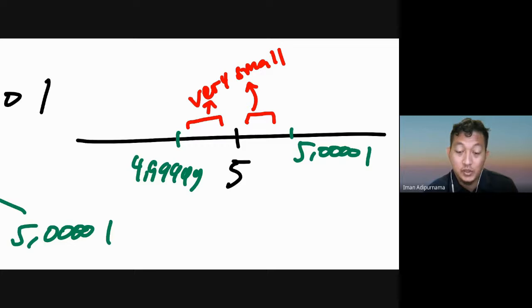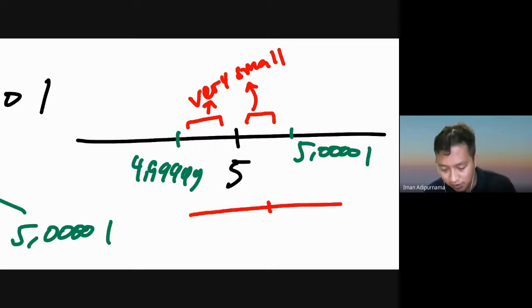Maybe the actual interval looks like one line like that, and sometimes you cannot even differentiate between those points. But just imagine, this is very, very small. So 4.99999 is really, really close to 5, but it's not 5, right?